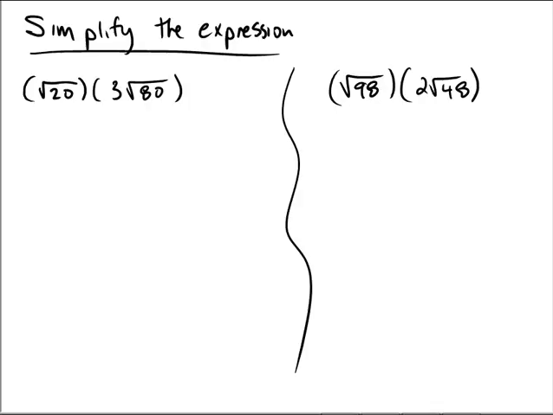So square root of 20, plus I think it shows a cute way of understanding radicals. Let's break it down into its prime pieces. 20 is 4 times 5, 4 is 2 times 2, 80, which is under the square root, could break down into 4 times 20, 4 is 2 times 2, and 20 is 2 times 10, and 10 is 2 times 5.